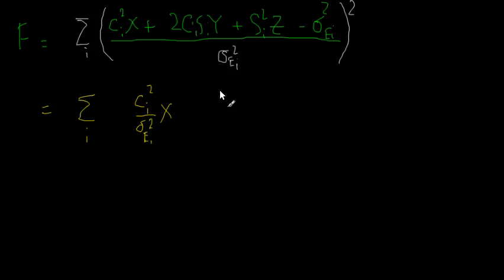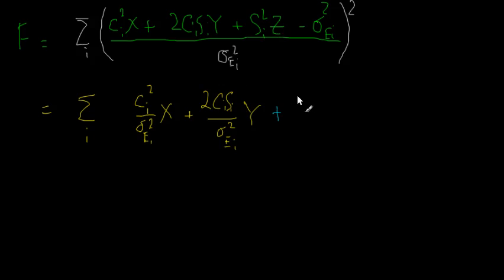So that's the first one, plus 2 Ci Si over sigma Ei squared times y.